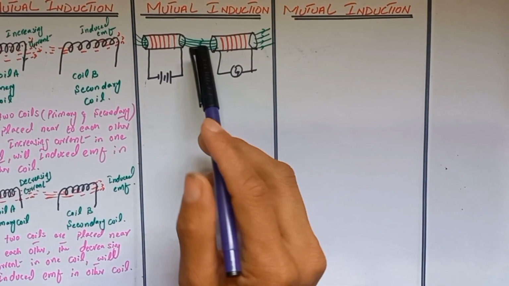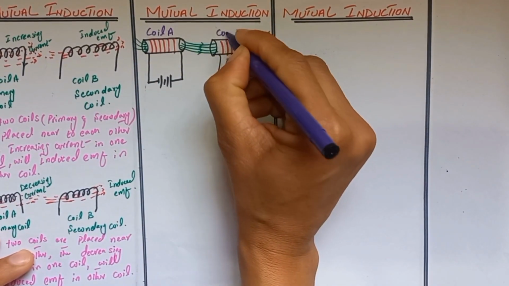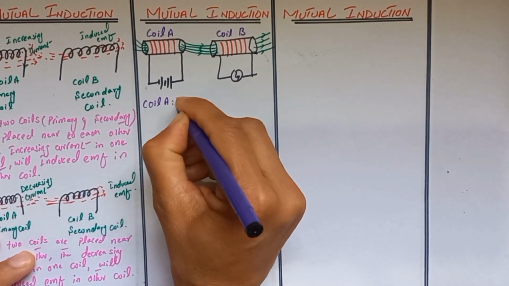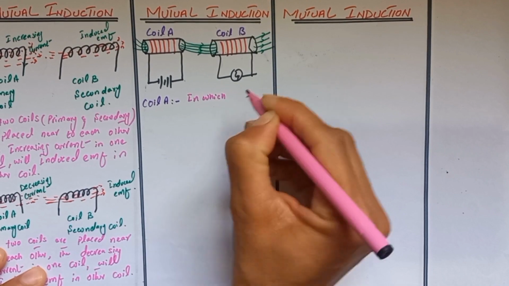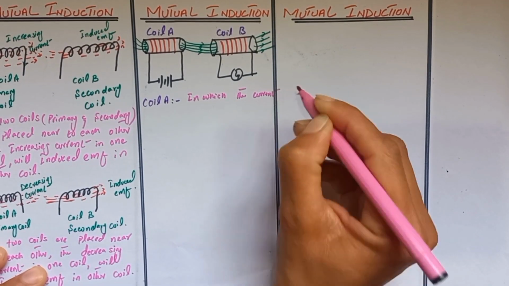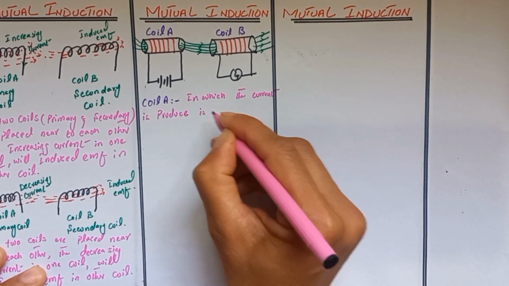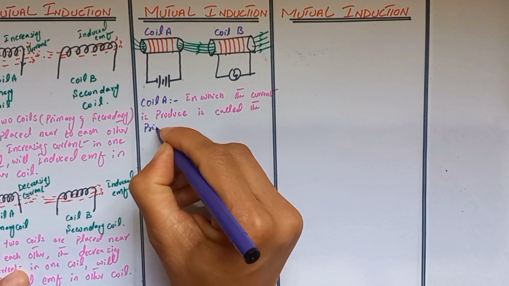To explain the phenomenon of mutual induction, here I take two coils, coil A and coil B. Coil A, in which the current is produced, is called the primary coil.